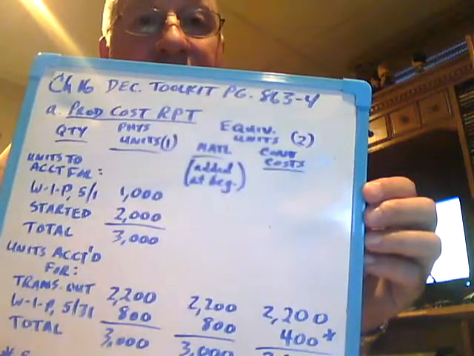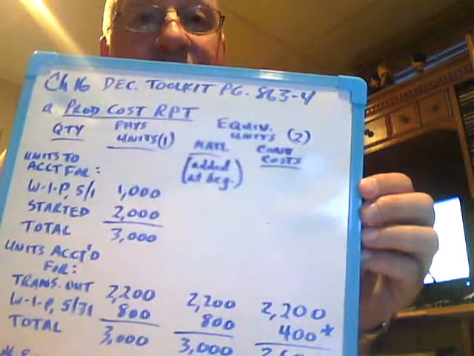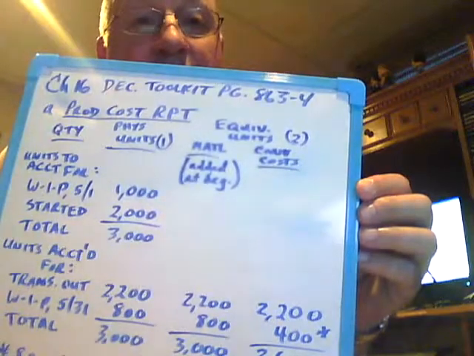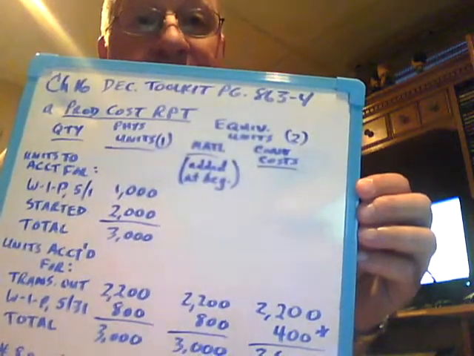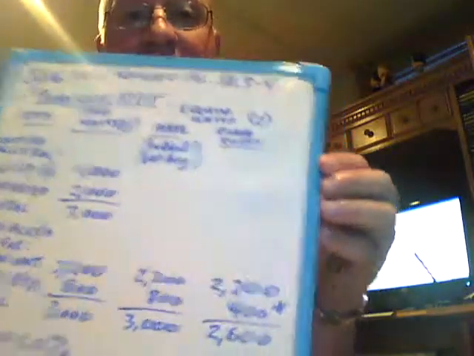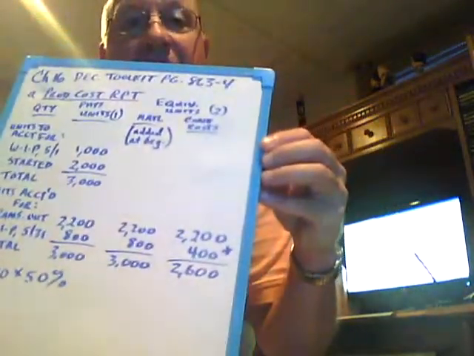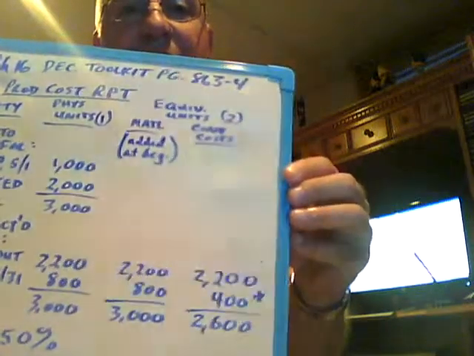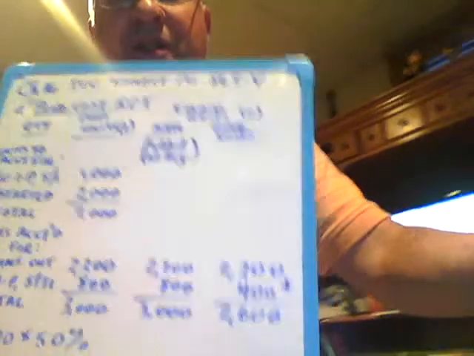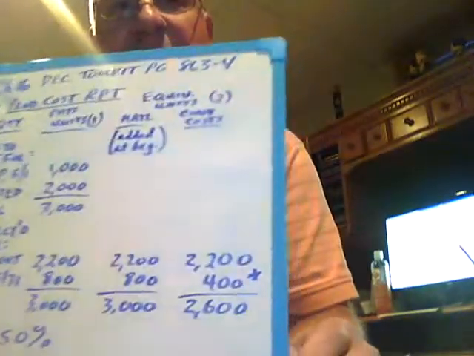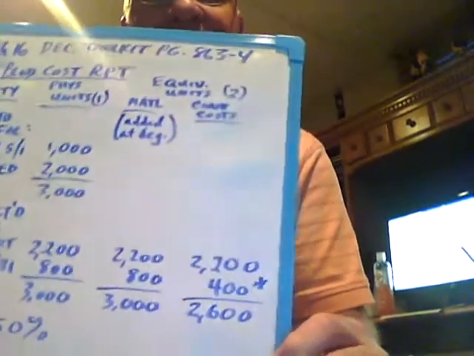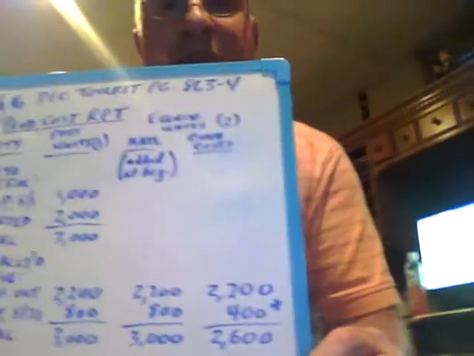Now the next part of that step one is to determine the units that we need to account for based on the results at month end. So in other words, we know from the information given that we transferred out 2,200 units to the next department. In other words, 2,200 were finished in the mixing department.